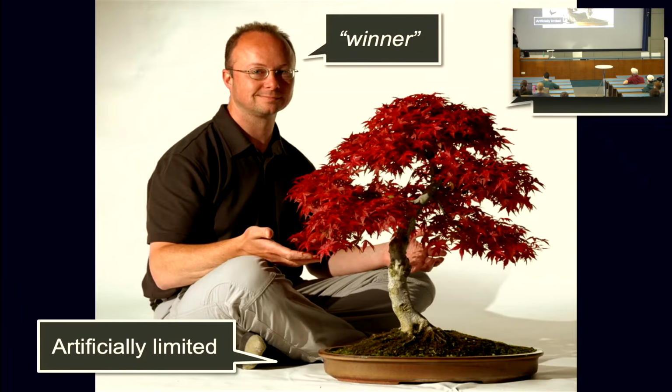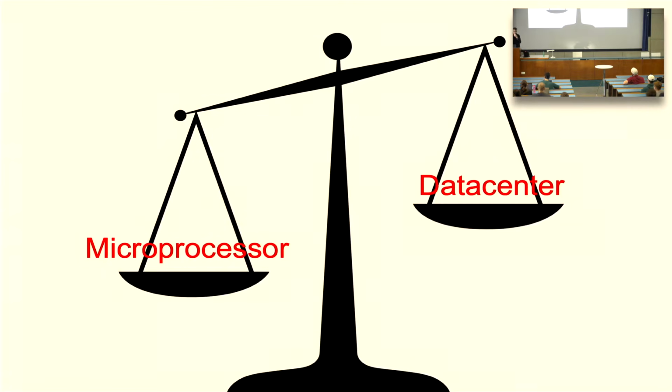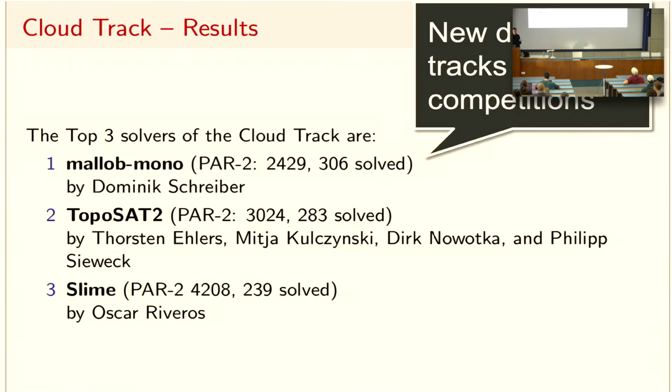It's disappointing, because if I go to someone who's building these tools and ask them to add a feature that would make it work better on the cloud, they're often quite hesitant to do it because it'll make the tool slower in the competition. But we're seeing this move over to the data center now, and so we see new tracks in the competitions.